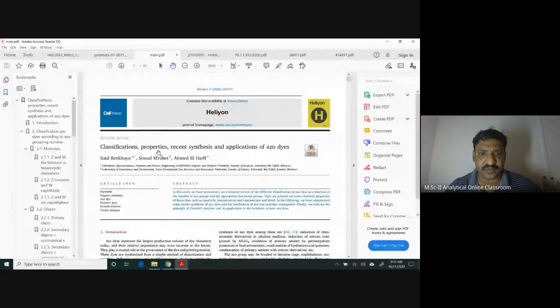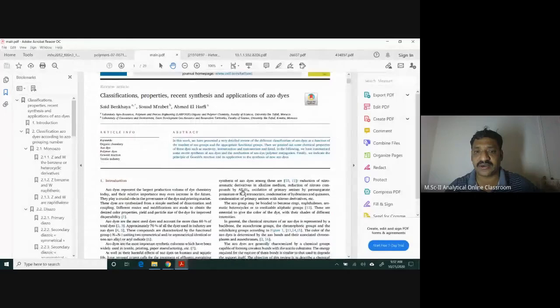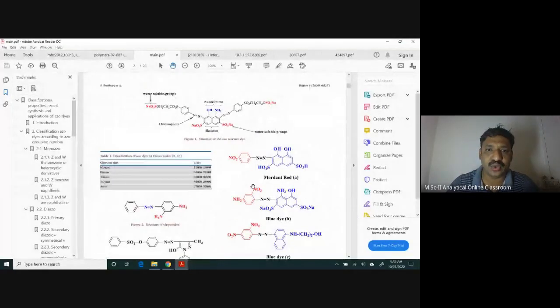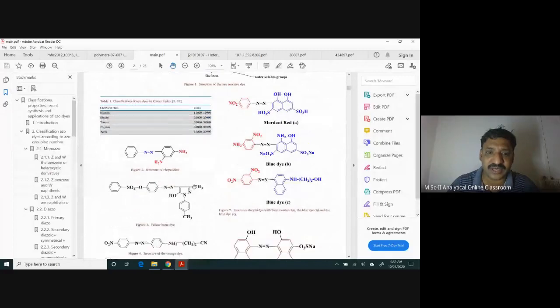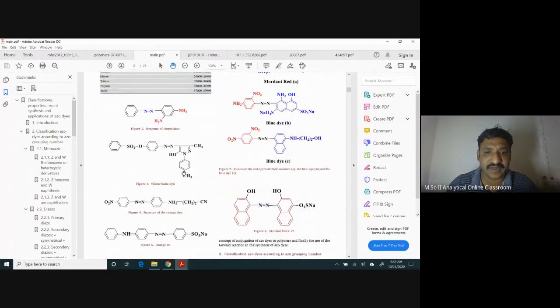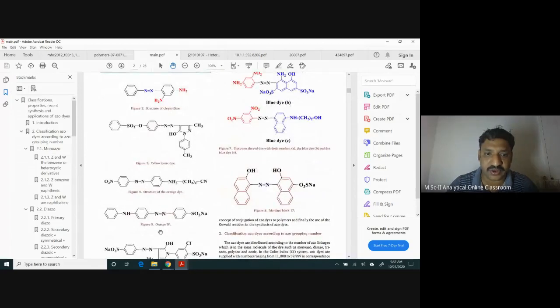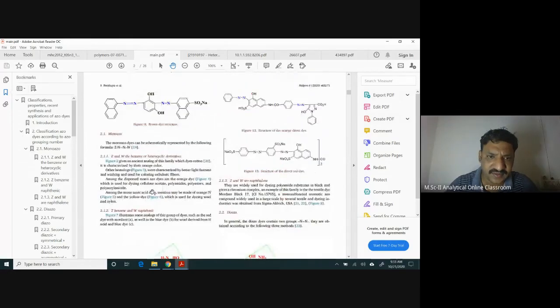Yes, classification, properties, recent synthesis and application of azo dyes. So why are azo dyes important? If you see this paper, then you have to write down the structure of different azo dyes. Here is the structure of chrysoidine, so it requires the azo group. Then 4 to 5, that is orange 5, the structure of orange dye, then mordant black 17, then the brown dye structure.